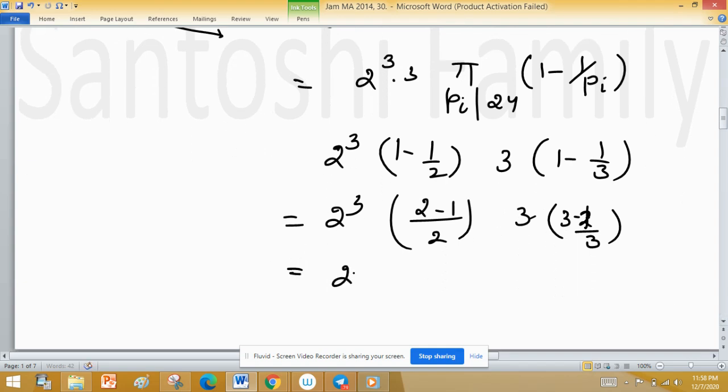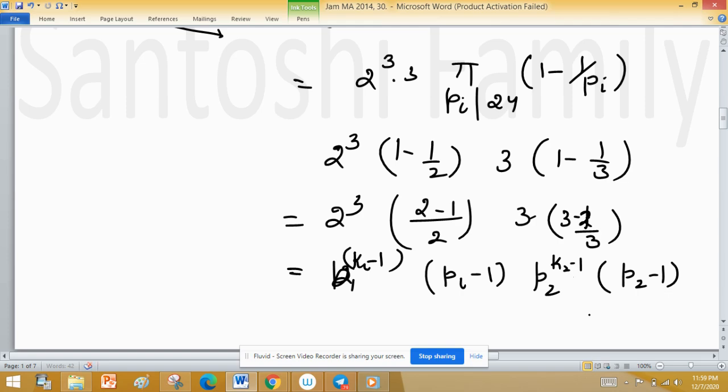It means 2 raised to the power of exponent k1 minus 1, times (p1 minus 1), and p2 raised to the power k2 minus 1, times (p2 minus 1), and so on.